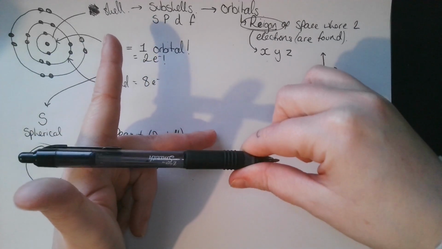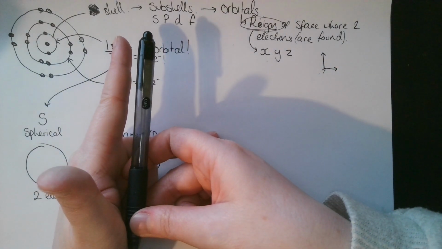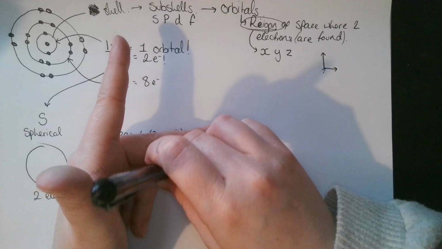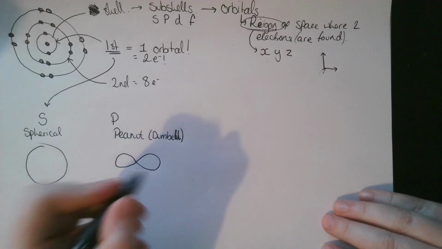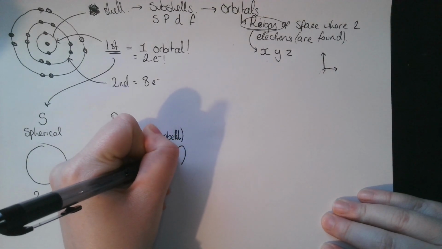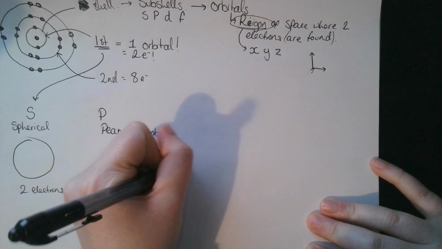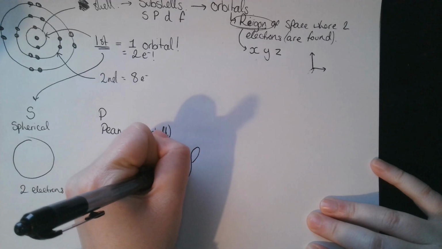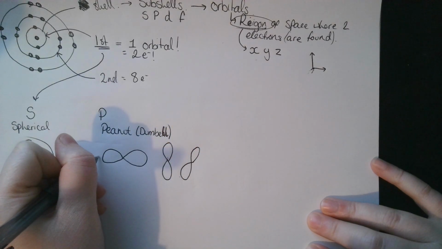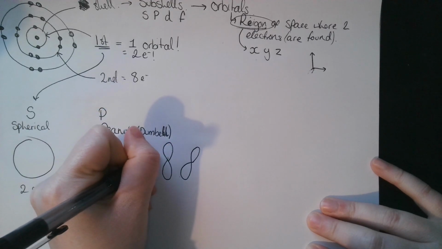But we still have 2 other vectors. We still have that one and that one. So yes, within the P subshell, and I know it's very difficult to draw, but that is going that way. That is X. That's going up.